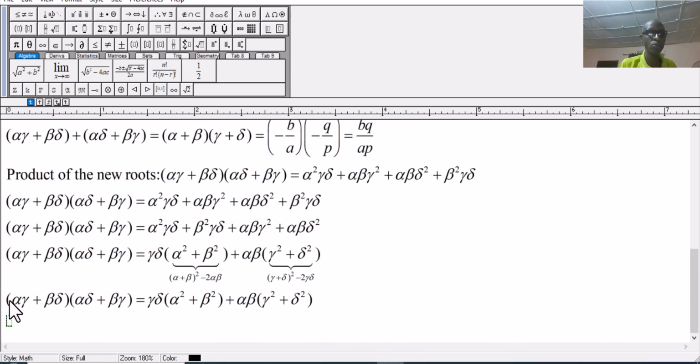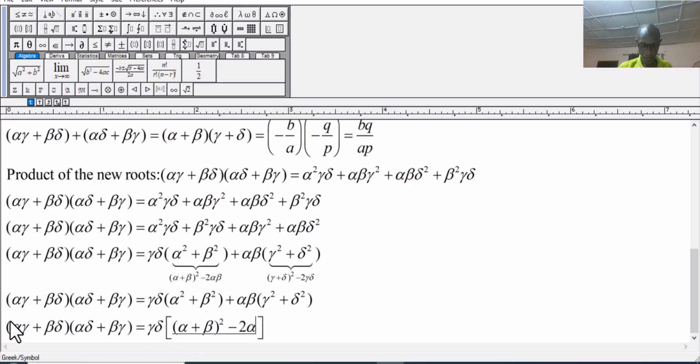I'm going to simplify this. This will now be alpha plus beta all squared minus 2 alpha beta.